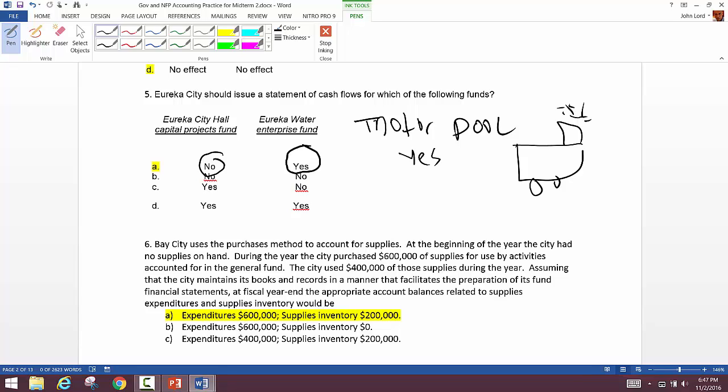Bay Cities uses the purchase method to account for supplies. Remember, guys, we didn't get that in chapter 4, so we're pulling it into this chapter. So this is a chapter 4 issue. We studied it, and the main thing you want to look at is that in-class inventory example, and I lectured on that as part of the chapter 5 material, I think.